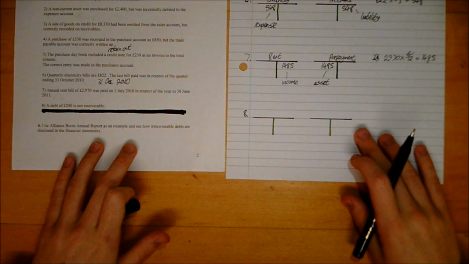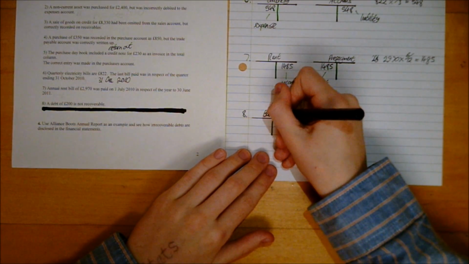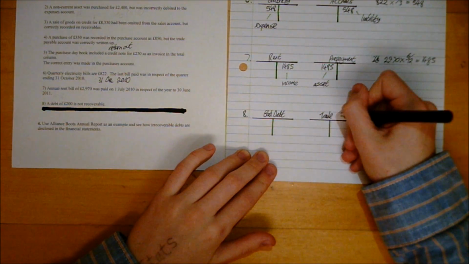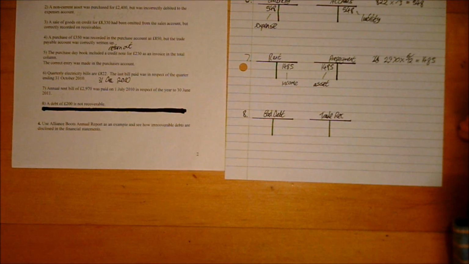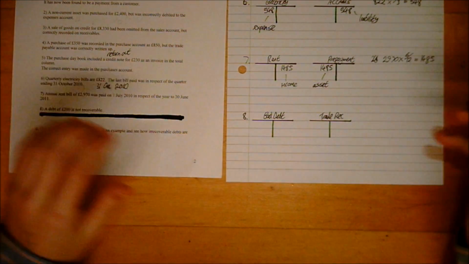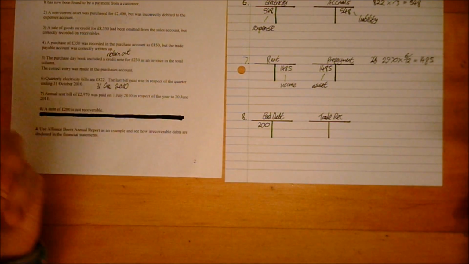Okay, a debt of £200 is not recoverable. So what is that? Obviously, it's a bad debt. And what do bad debts decrease? Trade receivables. Someone who we thought owed us money now can't owe us the money. So, what is that in the income statement? It's an expense. It decreases our income. And obviously it's just going to be the opposite.